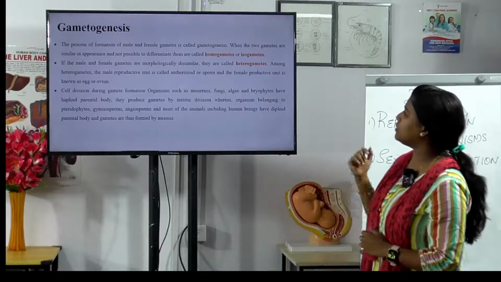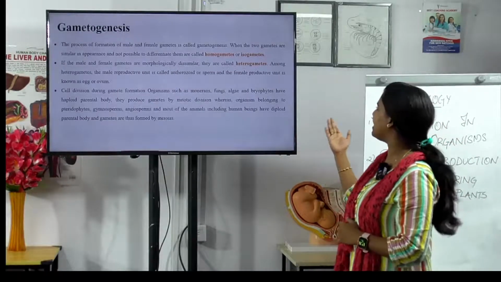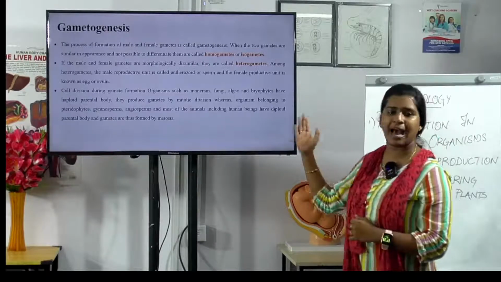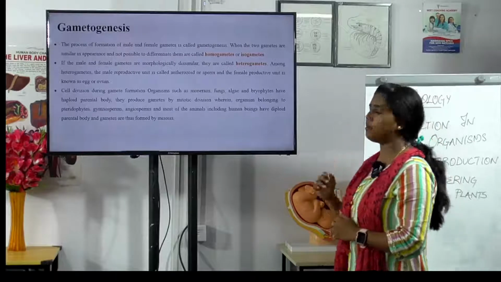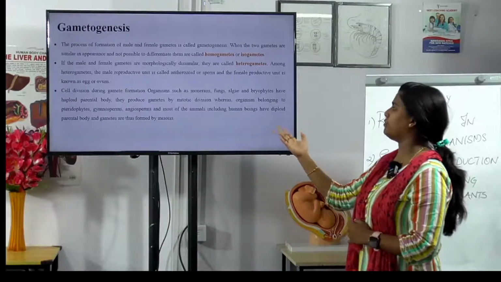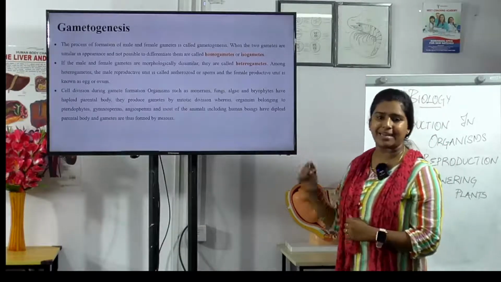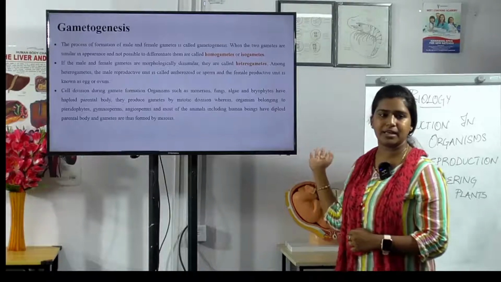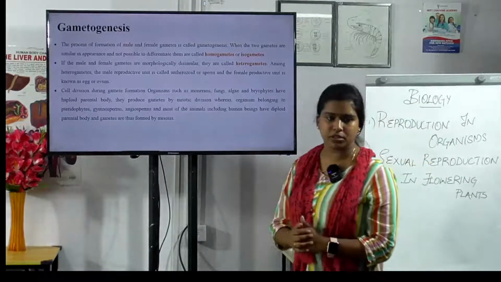Organisms such as monerans, fungi, algae and bryophytes have a haploid parental body and produce gametes by mitotic division, whereas pteridophytes, gymnosperms and most animals including humans have a diploid parental body, and gametes are formed by meiosis.